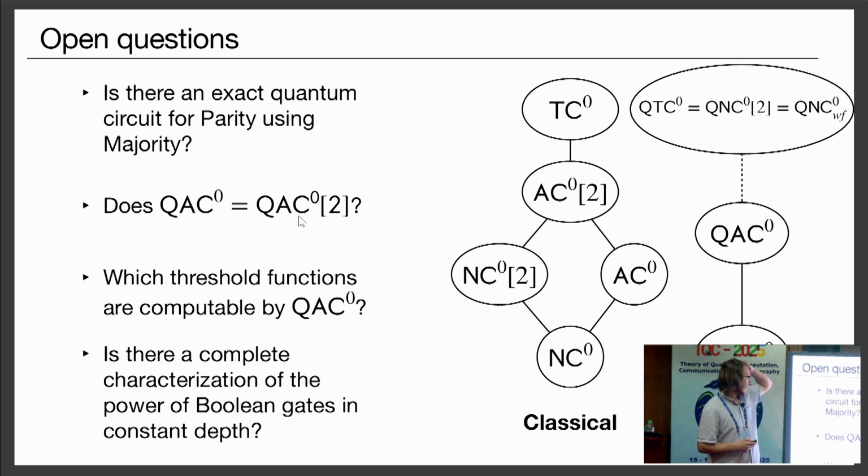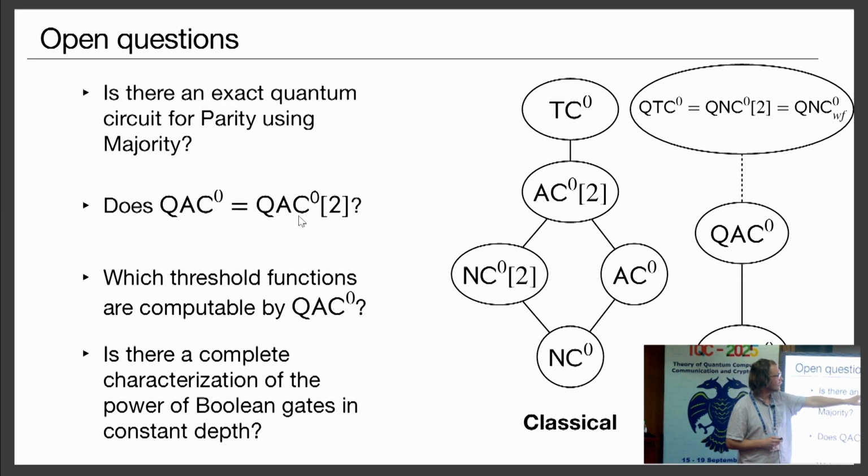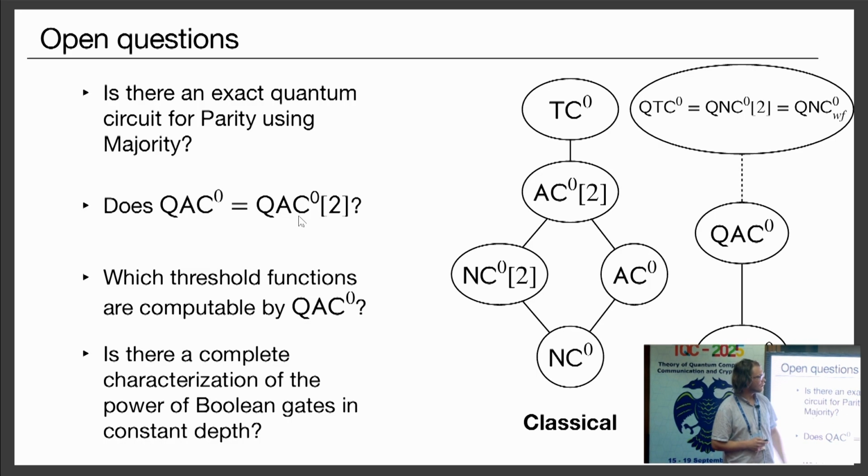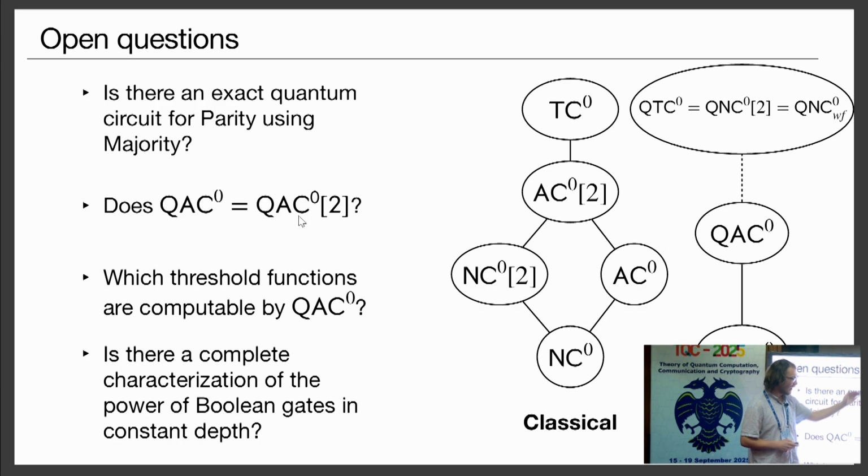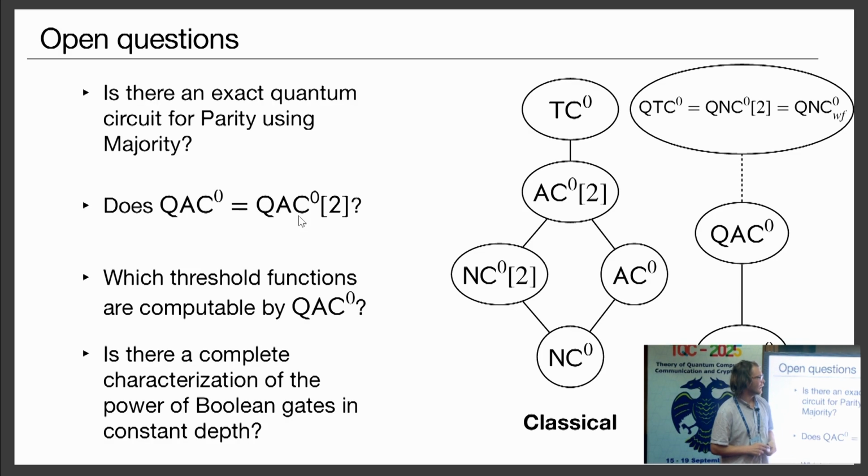And so I guess I'll just end with a few open questions. To the right here, we have the updated inclusion lattice of these constant depth classes. In particular, now we know that QTC0 is, in fact, at least as powerful as any of the classes below.